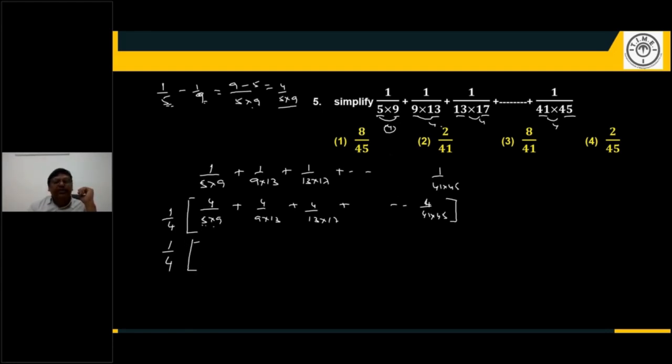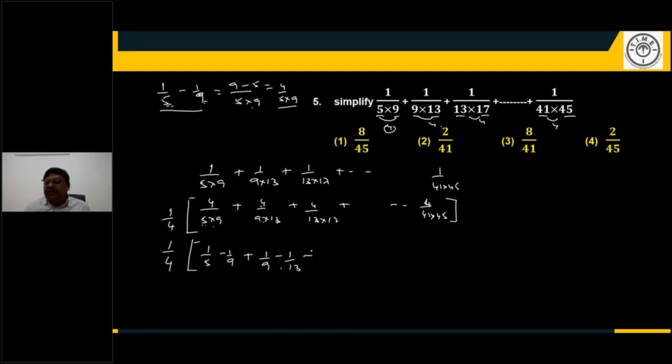Students, 1 by 4 into this 4 by 5 into 9, I can write as 1 by 5 minus 1 by 9. Next, 4 by 9 into 13, I can write as 1 by 9 minus 1 by 13. You can check: 13 minus 9, 4 by 9 into 13.